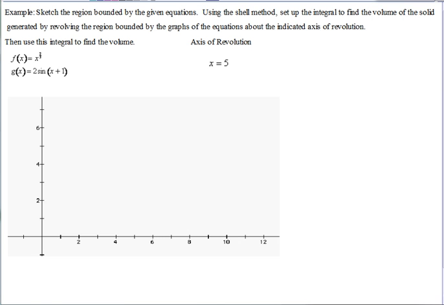So f of x, we can graph it on paper, even though we've got our calculator, set it up correctly. Something like that. And the relevant part of g of x, something like that.